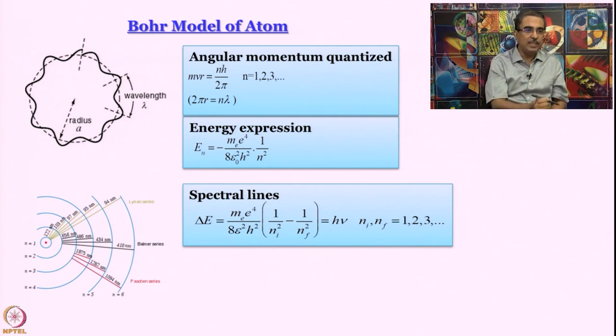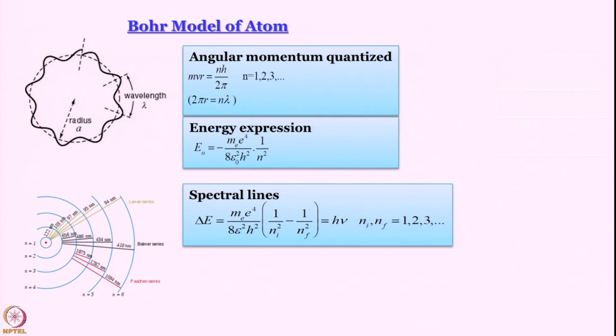So, what would be the energies of these states? Maybe I will just draw, even though it is drawn here, you might get confused because the orbits are shown. If I just draw the energies, let us say this is the energy of the lowest level, n equal to 1, whatever its value is. Energy for n equal to 2, what will that be?